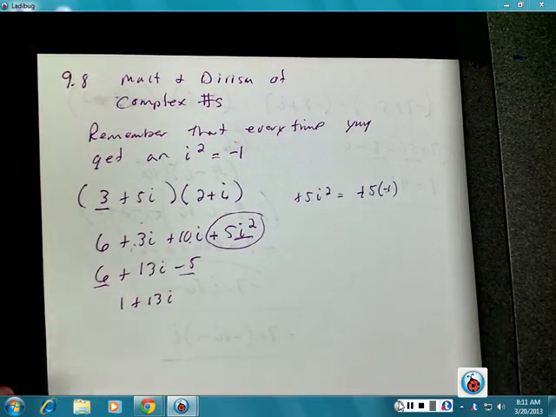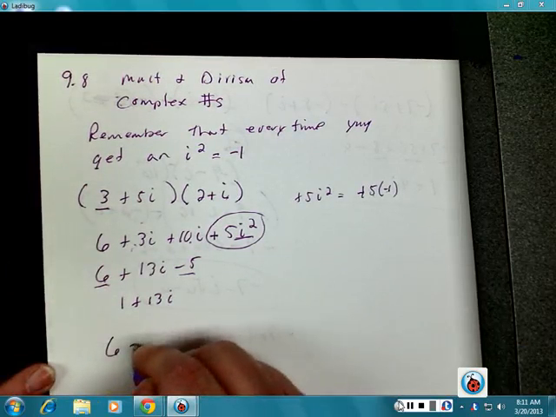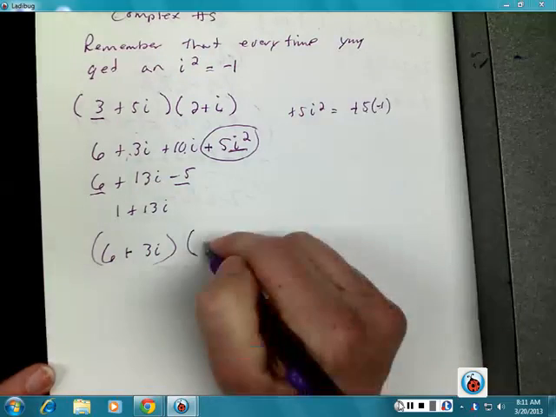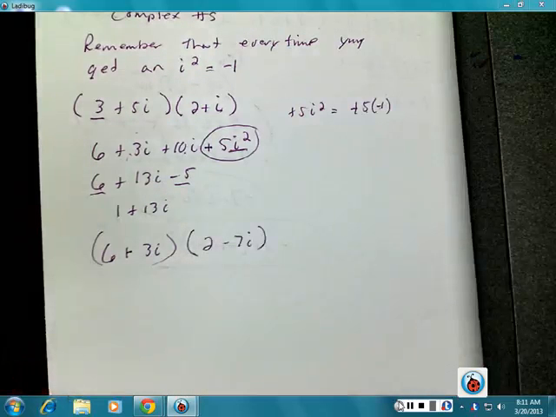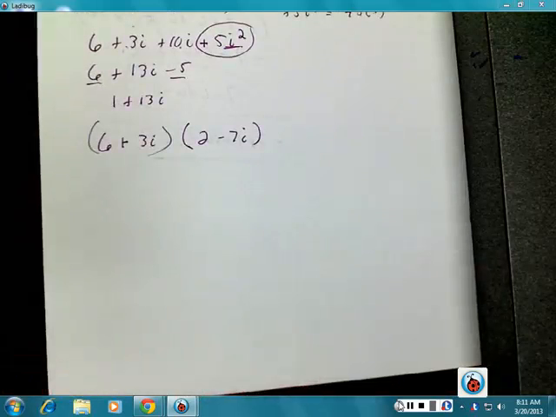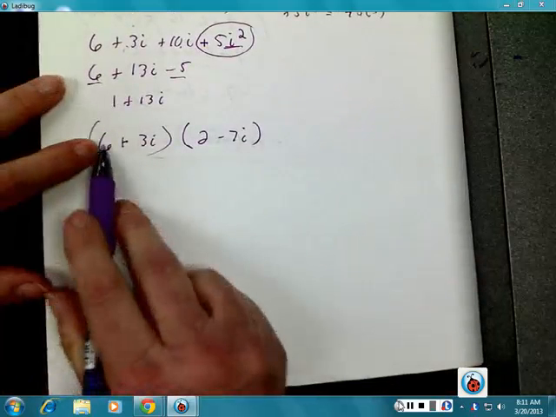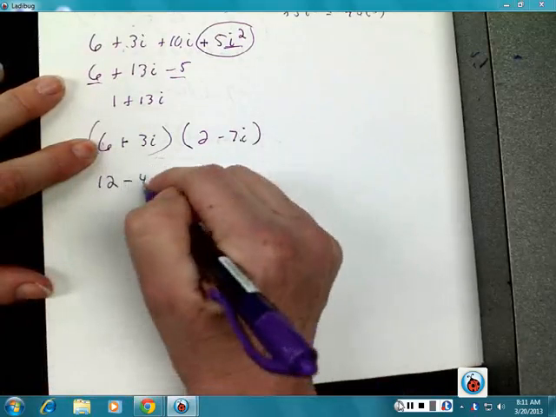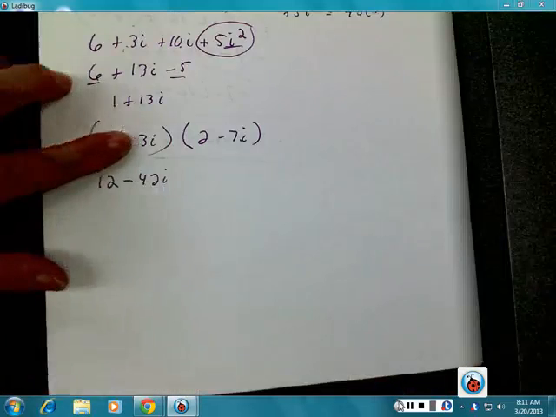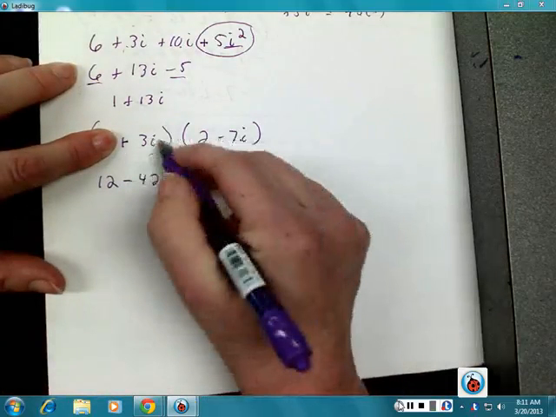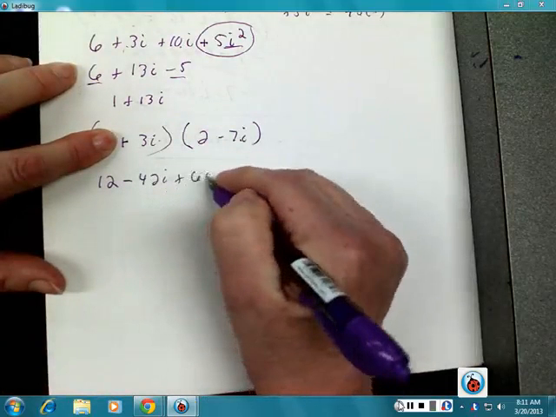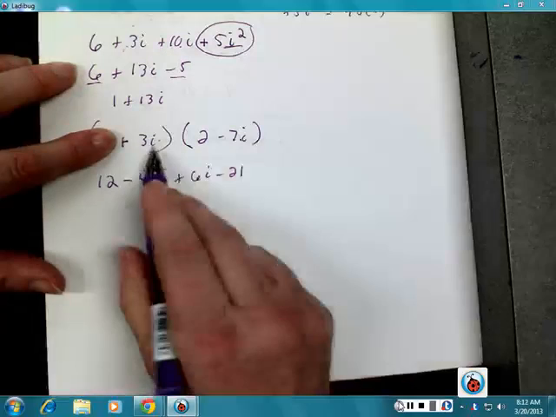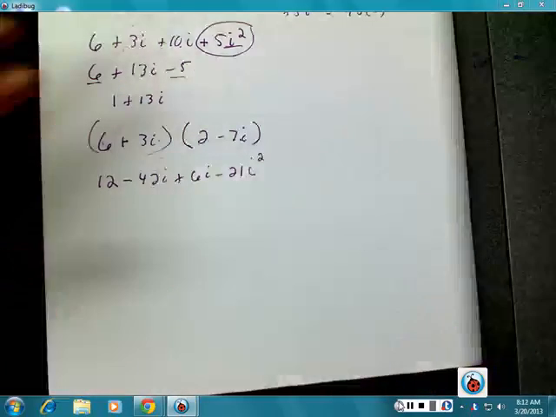So here's another one. What about 6 plus 3i in parentheses times 2 minus 7i? When I work this one through, again FOILing, 6 times 2 is 12. 6 times a -7i is a -42i. Positive 3i times 2 is a positive 6i. Positive 3i times a -7i is a -21i squared.